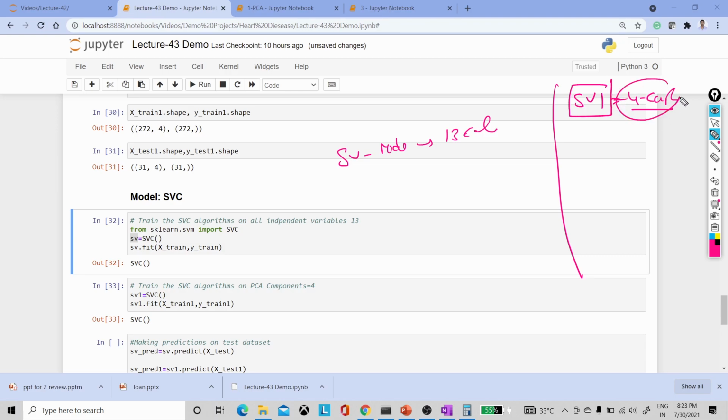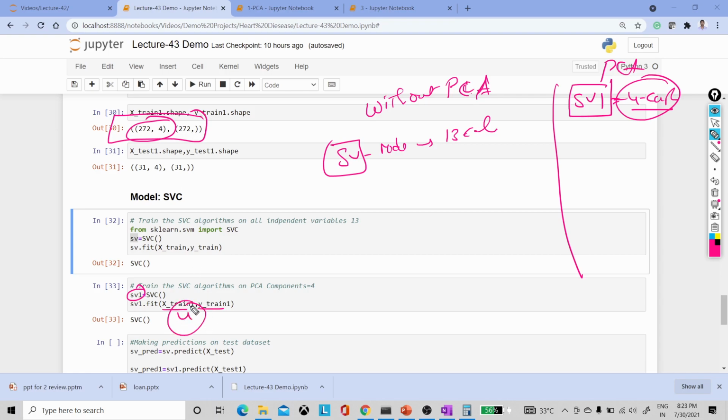SV1 is applied on X train 1, Y train 1. In this data I am passing 4 columns, and here I am passing the 13 columns. So for 13 columns my model is SV, and for 4 columns of data my model name is SV1.